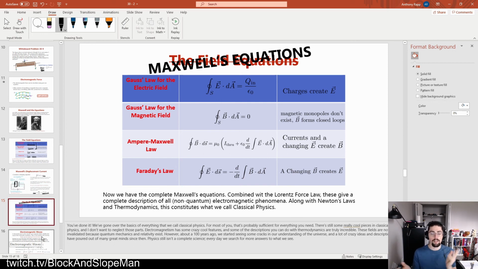Because he brought them all together and made the necessary corrections, the law is now called the Ampere-Maxwell law, and we call the field equations Maxwell's equations. These four equations, along with the Lorentz force, describe everything in electromagnetism. Or almost everything. Very nearly every single thing we can do in electromagnetism can be done with these five equations.